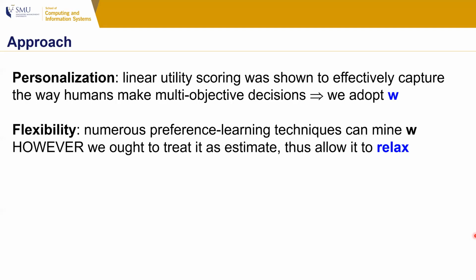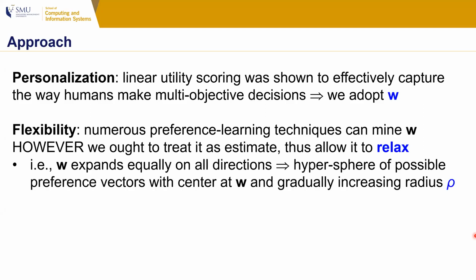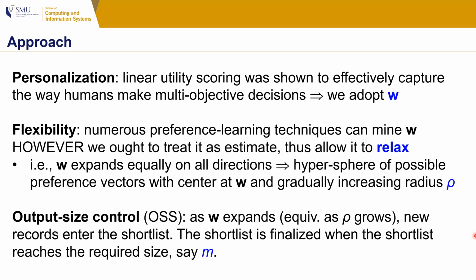Instead, we allow it some flexibility. We allow it to relax. How do we achieve that? Well, instead of just taking it as a vector, we allow it to expand in all directions in its domain. Therefore, we are turning it from a vector into a hypersphere of possible preference vectors, which has a gradually increasing radius rho.